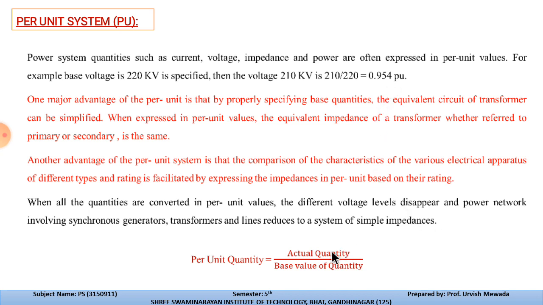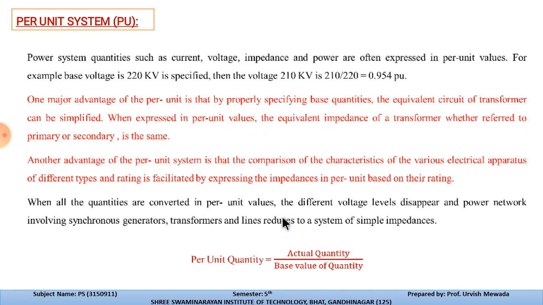The major advantage of the per unit is that by properly specifying the base quantity, the quantity which we are using as a base, the equivalent circuit of, say, a transformer can be simplified. And when expressed in per unit values, the equivalent impedance of the transformer, whether referred to the primary or secondary, is the same.